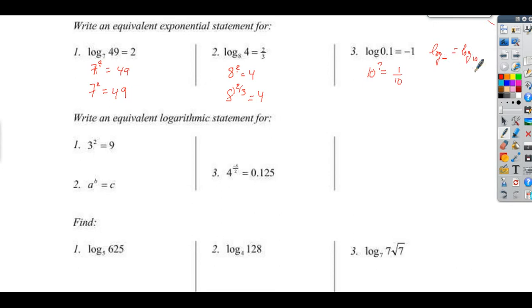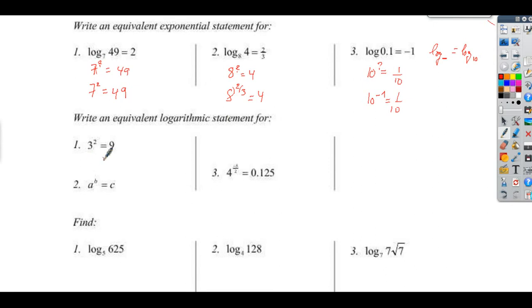That's just like a shortcut. If it's log base 10, then we don't write it there. We just write log. And so you would answer the question by writing 10 to the power of minus 1 equals 1 over 10. Hence, the answer to this expression is -1.